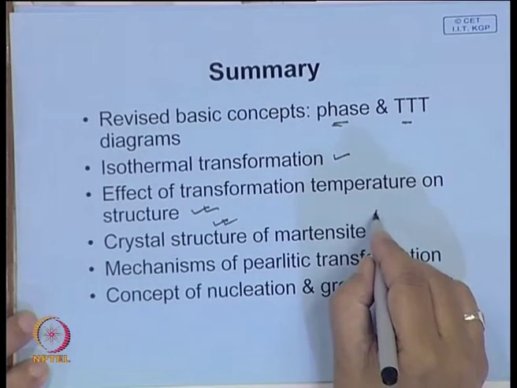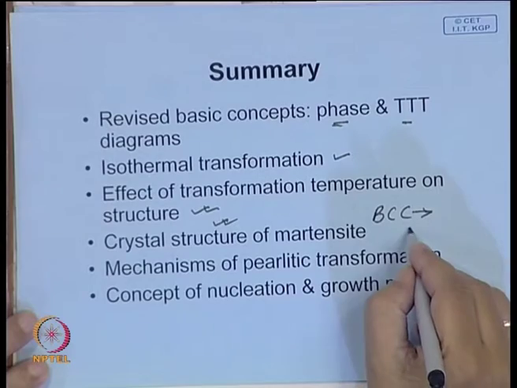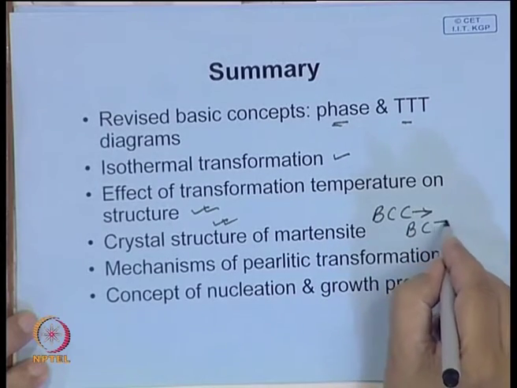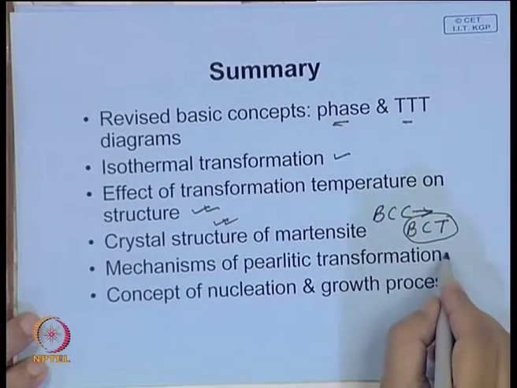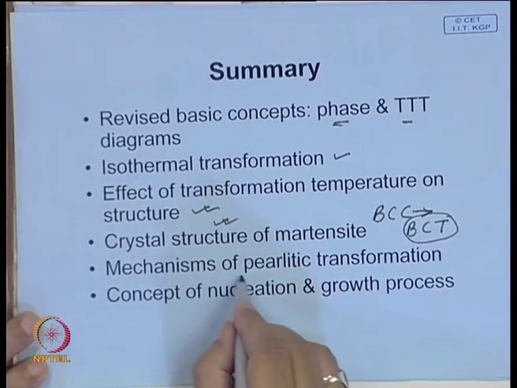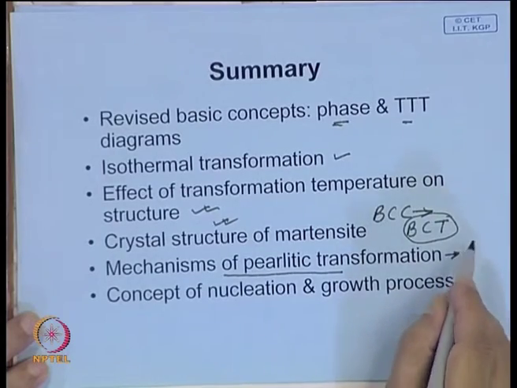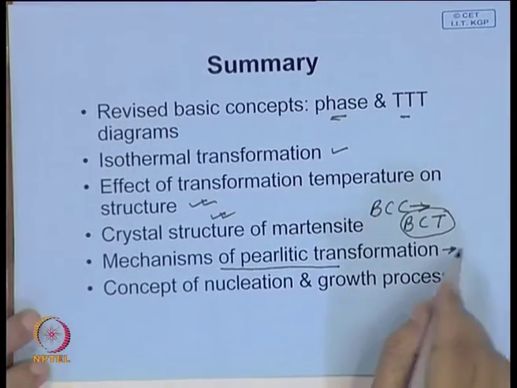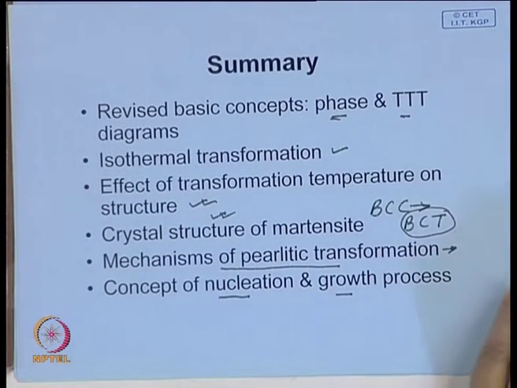It is distorted BCC, and in fact, it is called body centered tetragonal structure. We also talked conceptually about the mechanism of pearlite transformation, where diffusion plays a very important role, and we also introduced the concept of nucleation and growth process. Thank you very much.